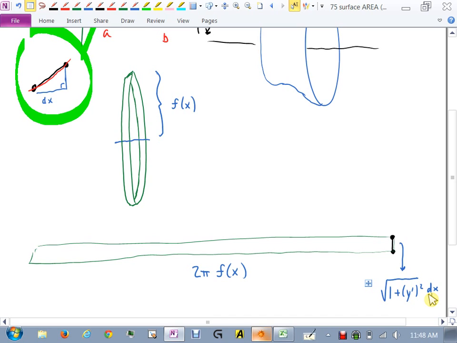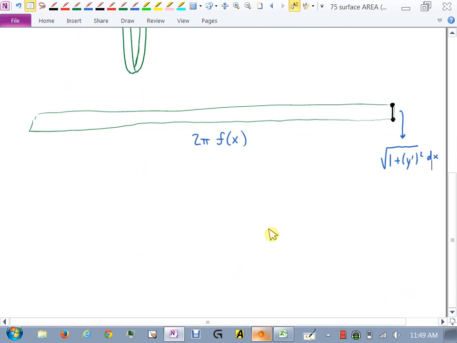Which means that we have a formula for the surface area. It's adding up all these rubber bands, infinitely many of them. So we come up with this. Area, I'll just say A, to be understood as the surface area, is equal to 2 pi integral from a to b of the function, which I could call f of x, or I could call y. Isn't y f of x?